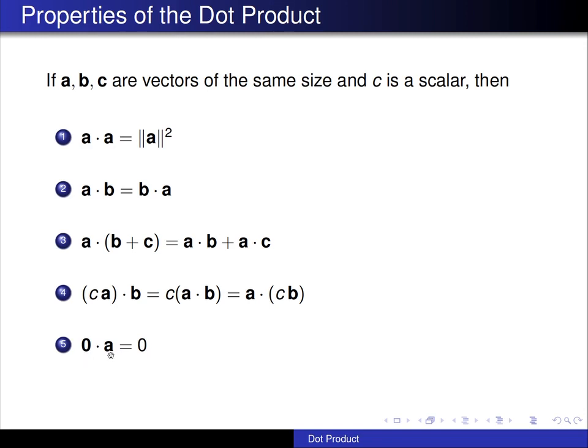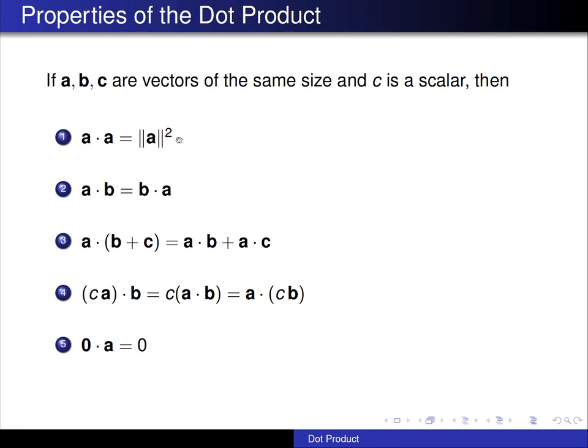We'd pair it up with whatever was an A, and we'd get 0 plus 0 plus 0 in the 3D case. Notice that this is the scalar 0, and that's the 0 vector, a vector with however many zeros you need to be of the correct length, whereas this is the actual scalar number 0, that thing on the number line that separates the positives from the negatives.